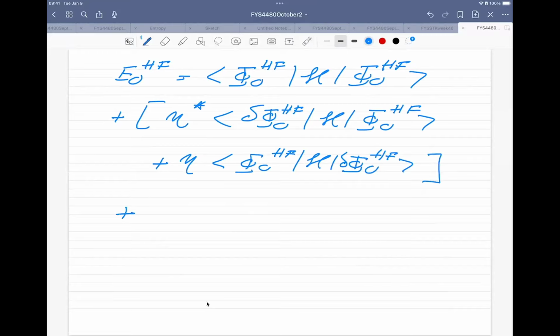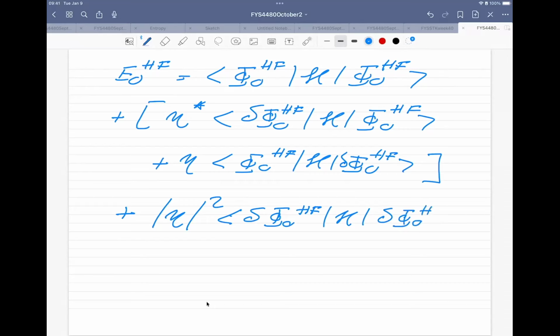Then I get the next term, which contains just eta squared: delta phi 0 Hartree-Fock H delta phi 0 Hartree-Fock. And then we typically assume that eta is much, much smaller than 1, and we leave out the quadratic terms.